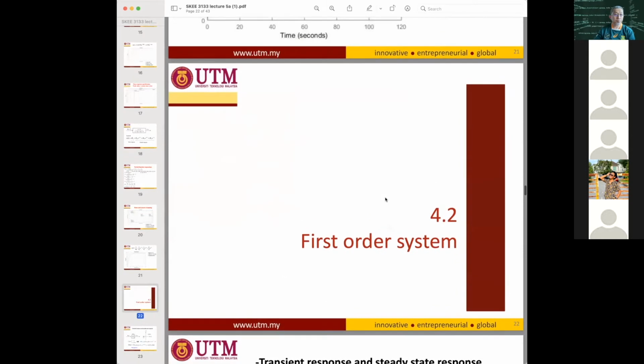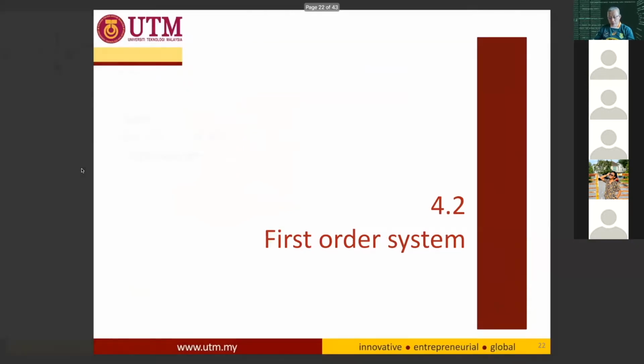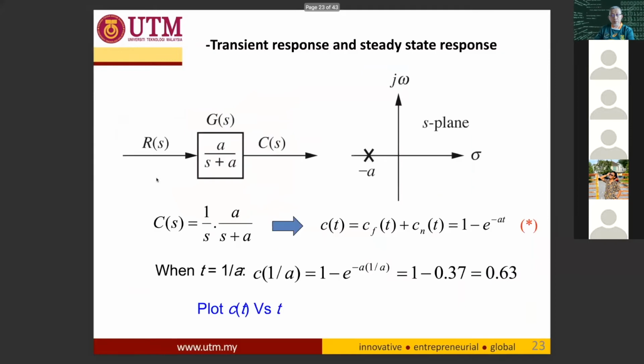First order system, or sistem tertib pertama, is judged based on the transient response and steady state response.